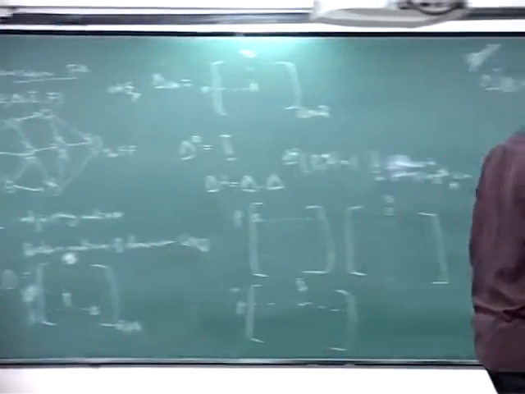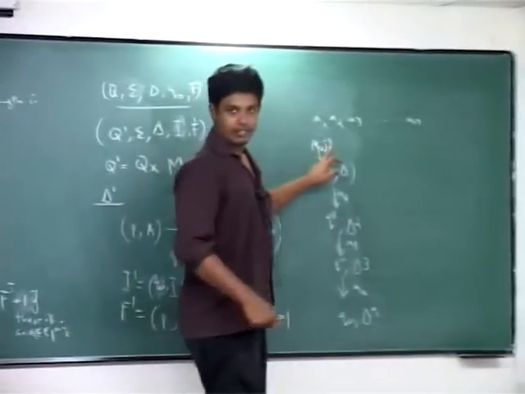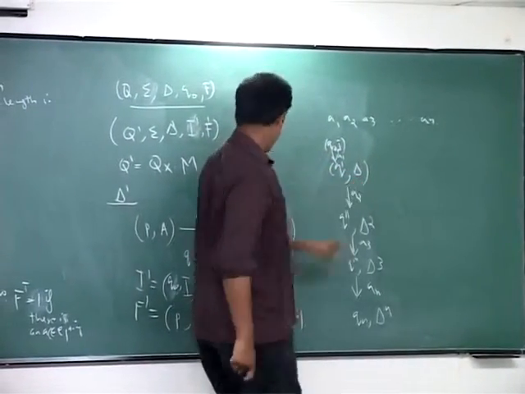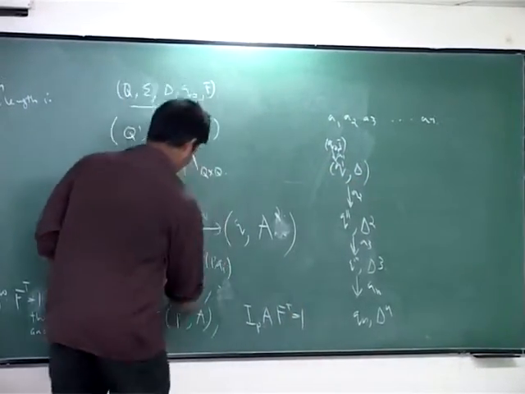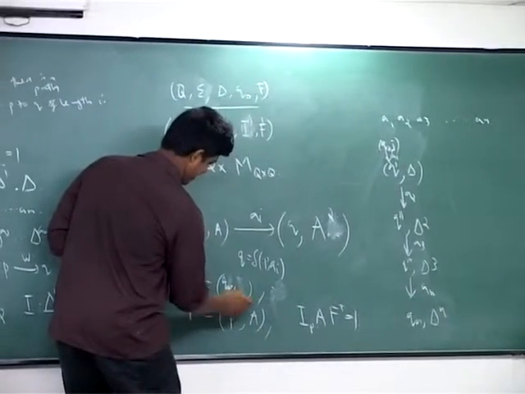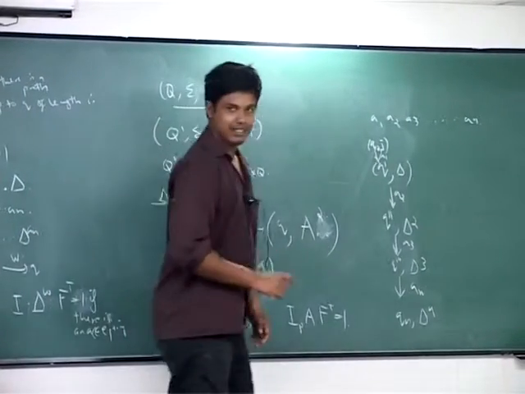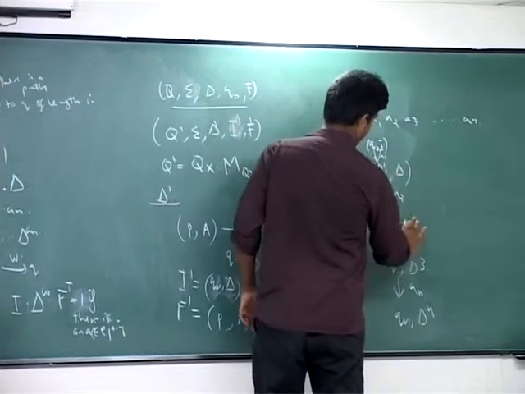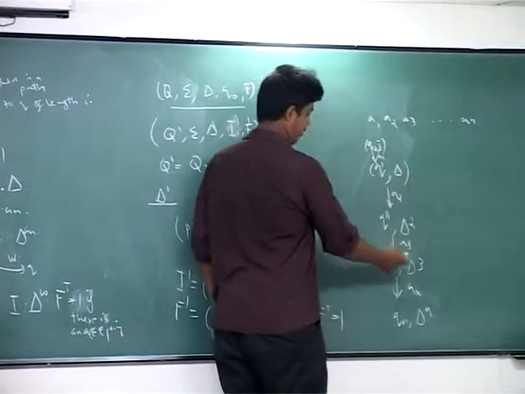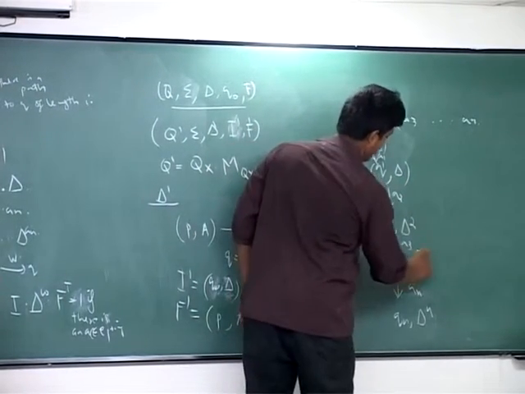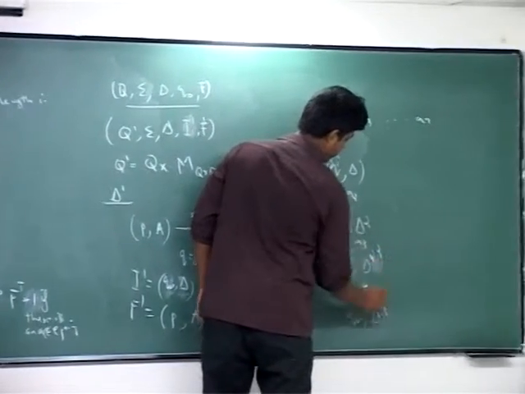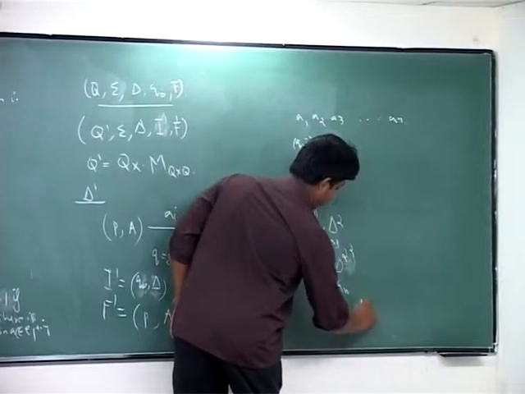Yes, because initially it is the initial state. Okay, then in that case it has to be delta. Then delta squared, delta power 2 power 2, delta power 2 power n.